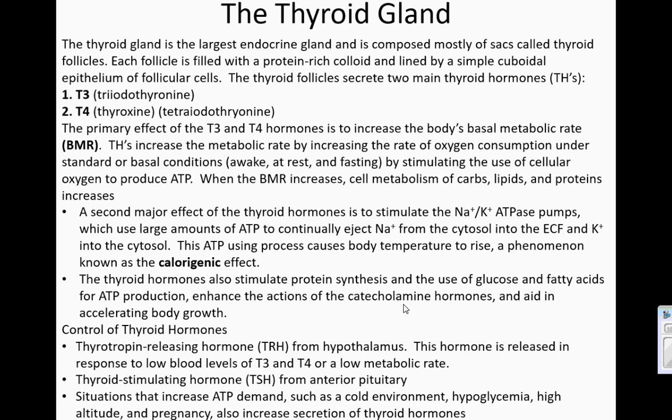Now TRH is stimulated for secretion when we are low in T3 or T4, or if we have a low metabolic rate.